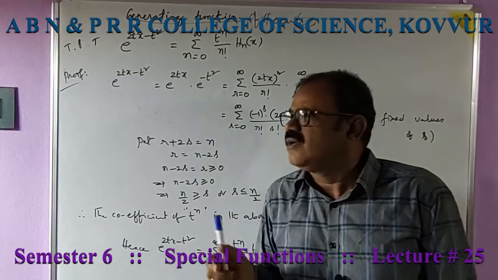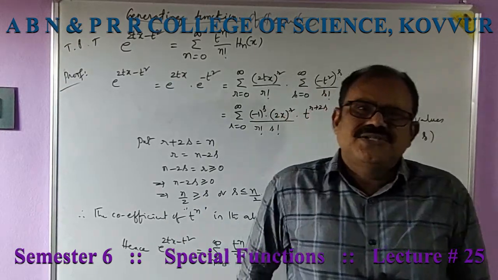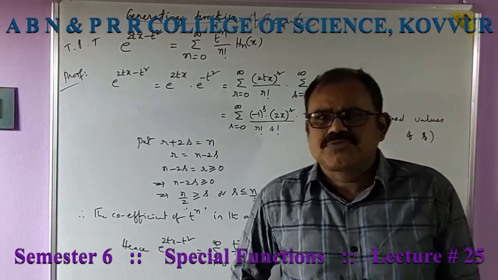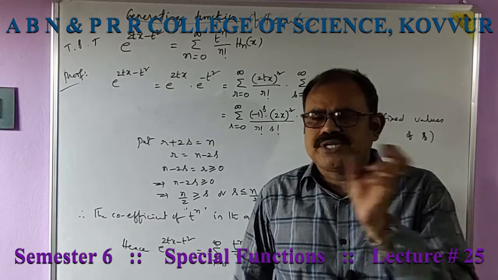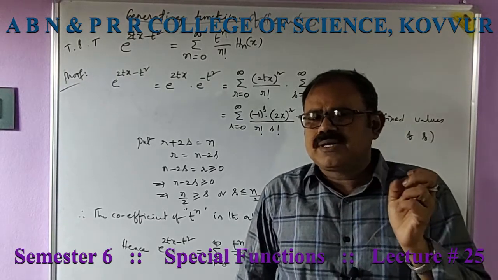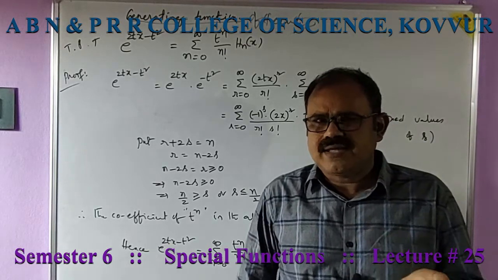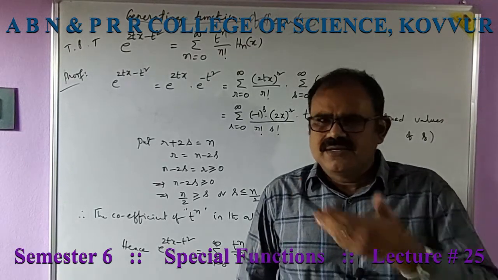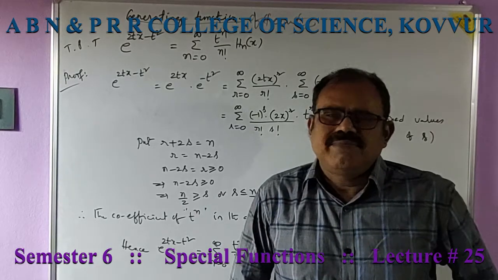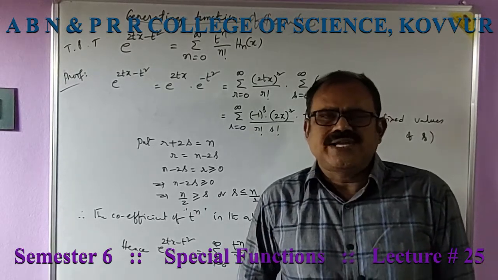As you have in Legendre's, the generating function is (1 minus 2xh plus h square) power minus 1 by 2, elaborating which if you pick up the coefficient of h power n, then you get Pn(x). In the same way, Bessel's polynomial Jn(x).